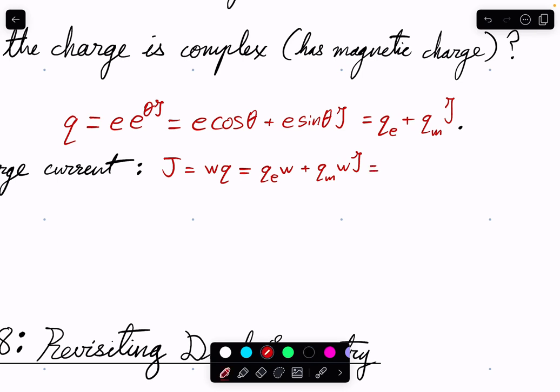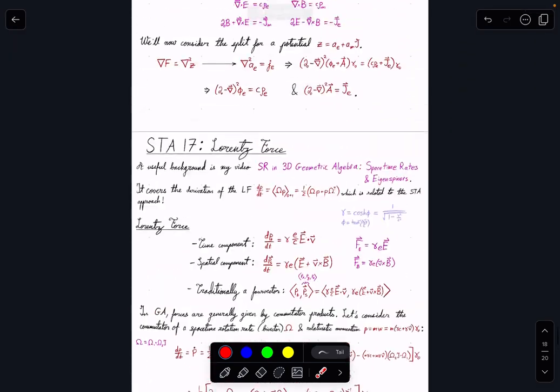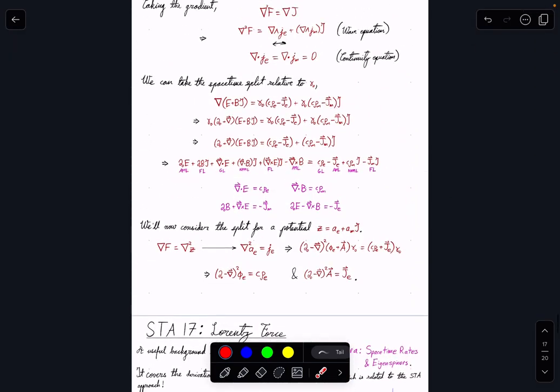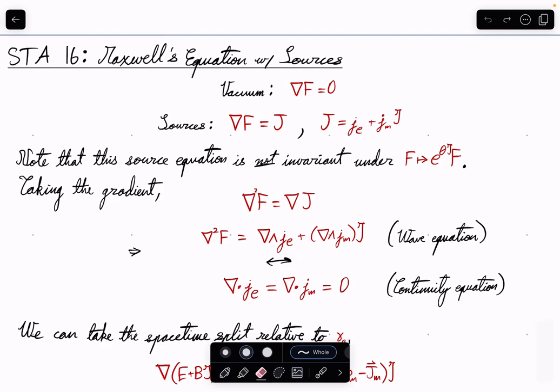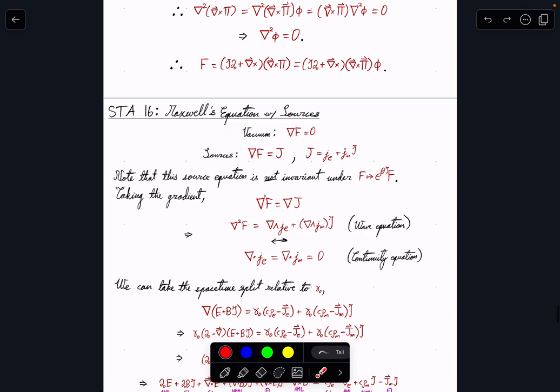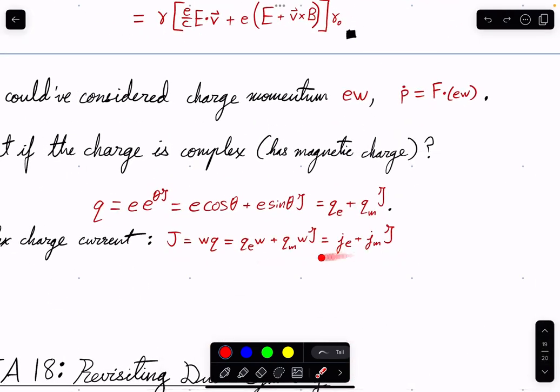If you want to relate it back to the original stuff, this is plus JMI, where before we talked about the source. You can see that this is the source; it's the same thing.